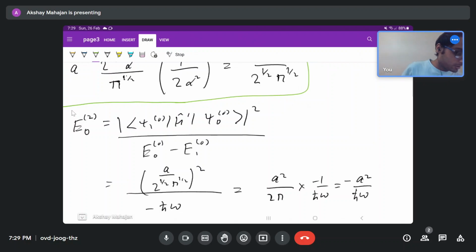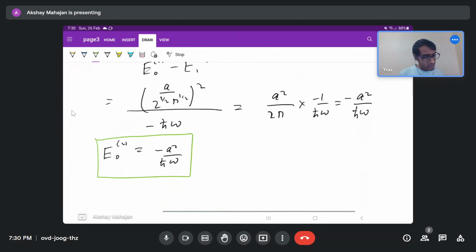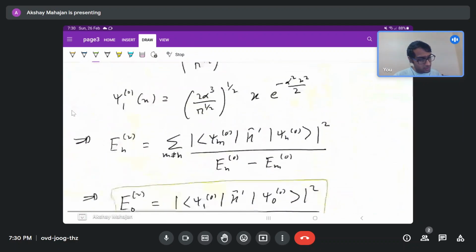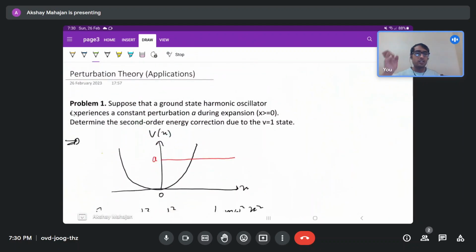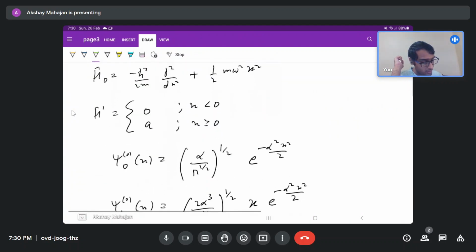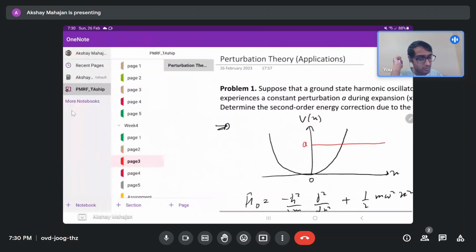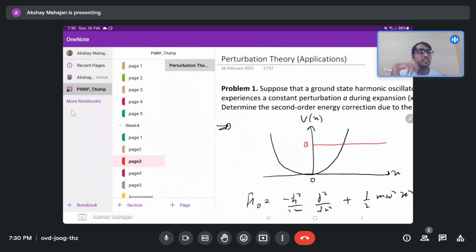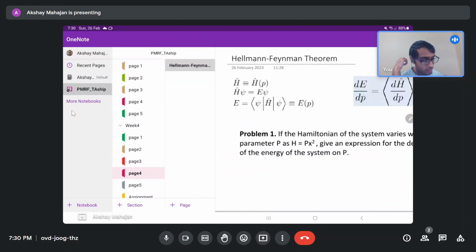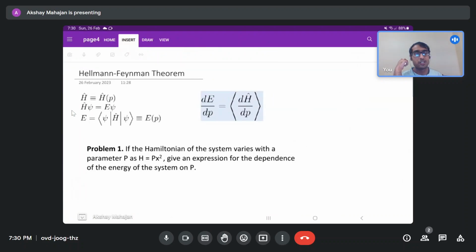So this is how we generally solve any kind of problem in perturbation theory. You just have to use these equations and remember that we have to put the n and m. n is the one that we are changing, and m are the excited states, the other states, that we are using to find the change in our nth state because of the perturbation.